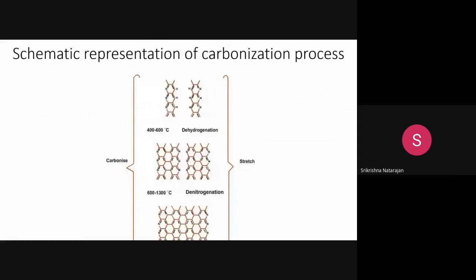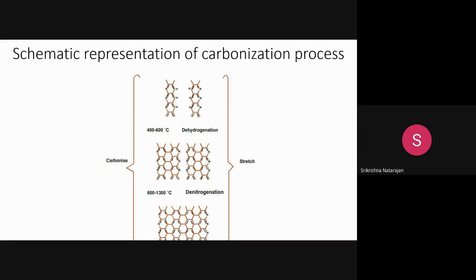What happens here? You see here the dehydrogenation occurs, where the hydrogen gets removed, so that here you can see only the nitrogen. In the next step, when you heat it above 1000 degrees centigrade, the denitrogenation occurs, where most of the nitrogen gets removed. You can see the nitrogen that is present here at the side gets removed, so that these fuse together.